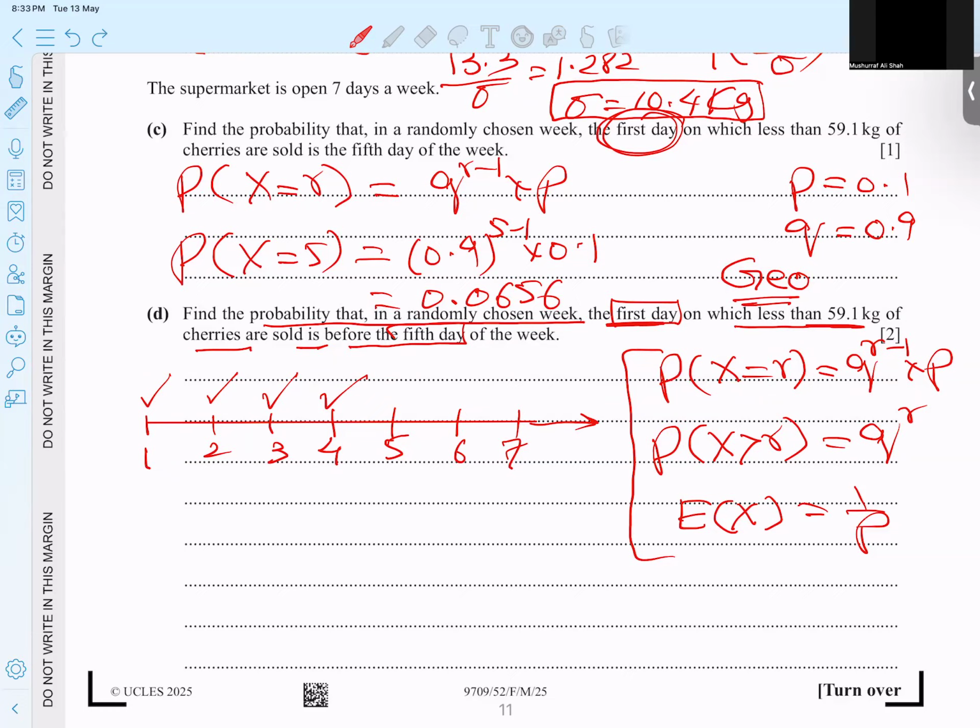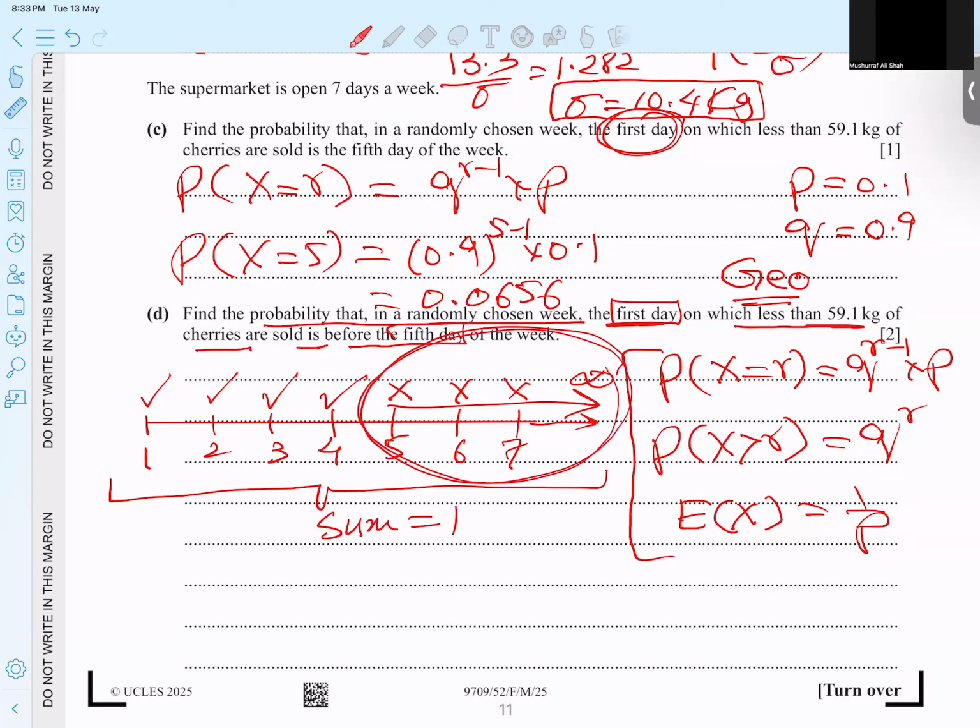But I do it the other way. Rather than applying this formula 4 times, I have another technique, which is the less or more technique. Look now. These values and higher till infinity, we don't need. And do you know the sum of all is equal to 1? Basically, these values I don't want.